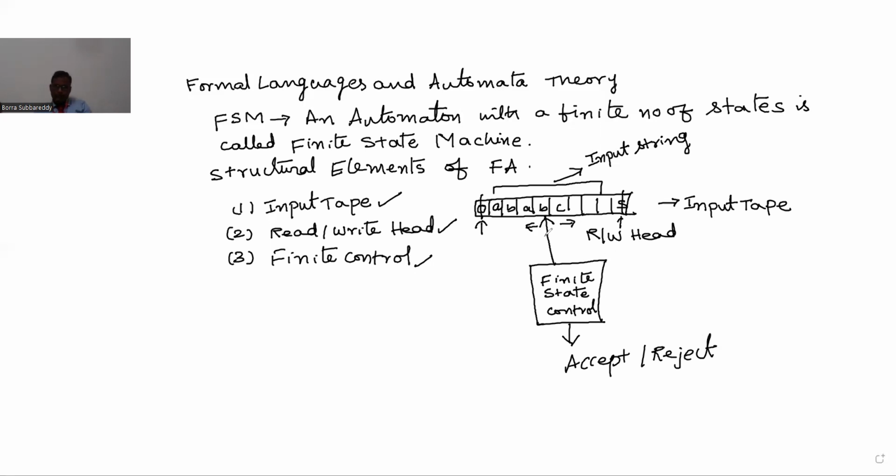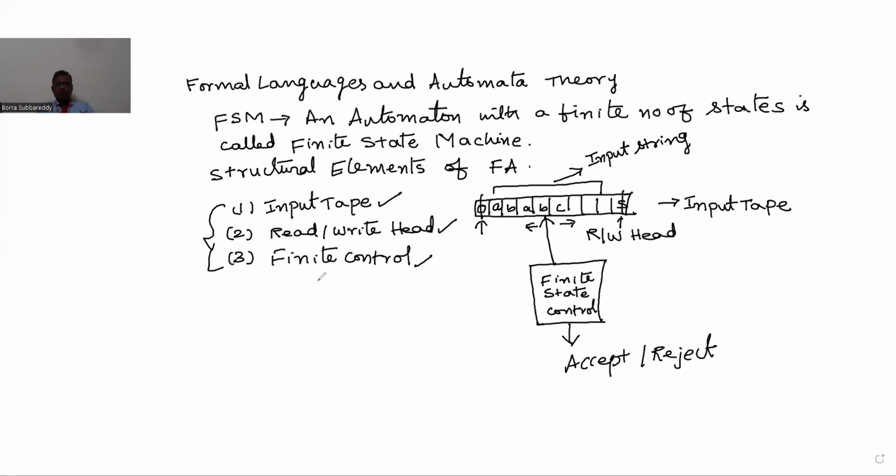Whether the given string is accepted or rejected is decided with the help of finite state control. So these are the basic components of finite state machine.